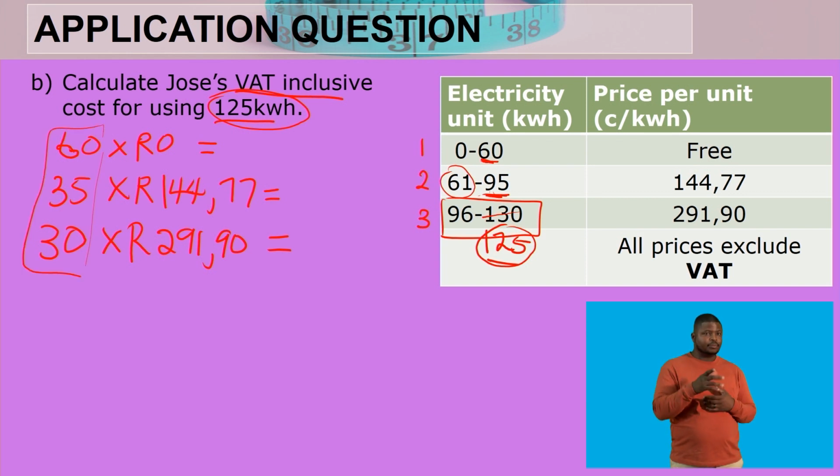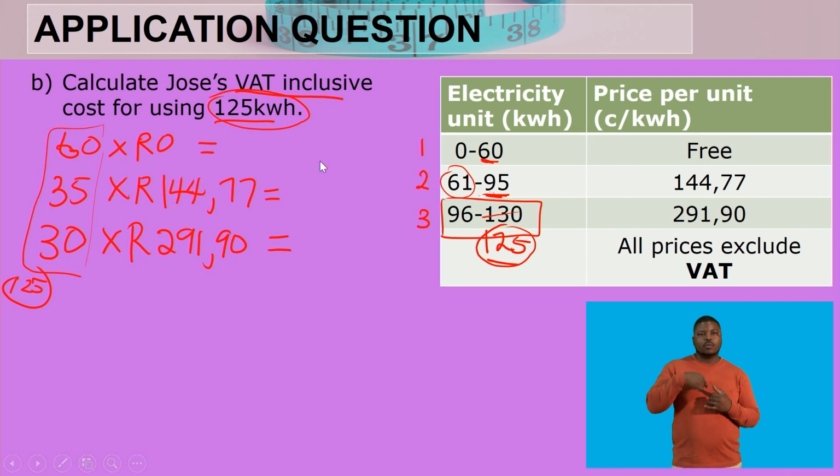So we add 60 plus 35 gives you 95, then 95 plus the 30 again gives you 125. So the total here is 125, so it means we are coming out all right.